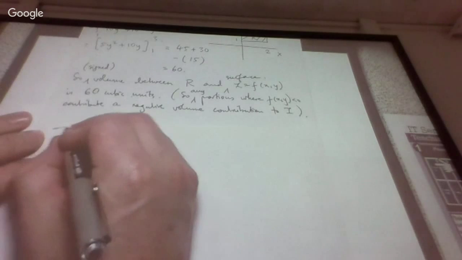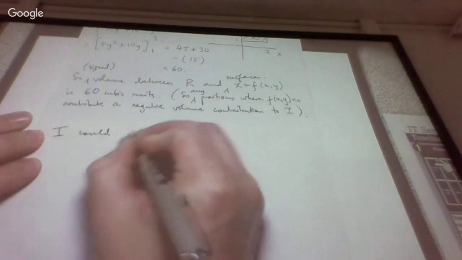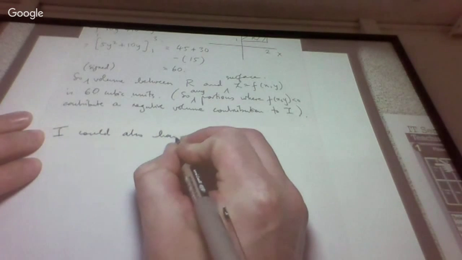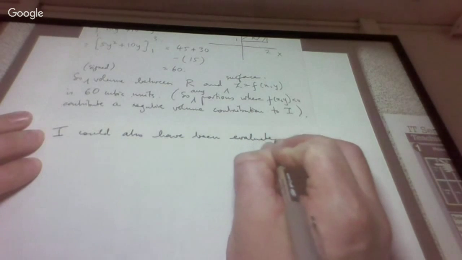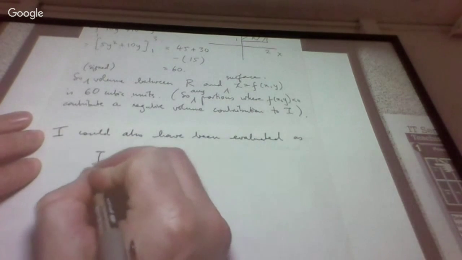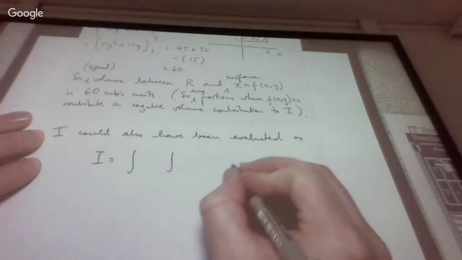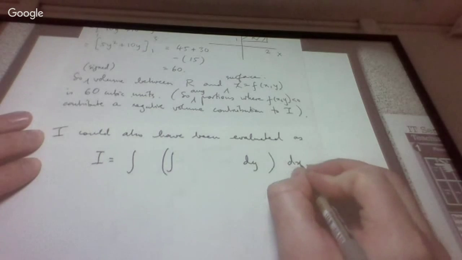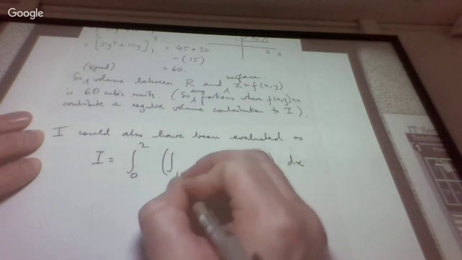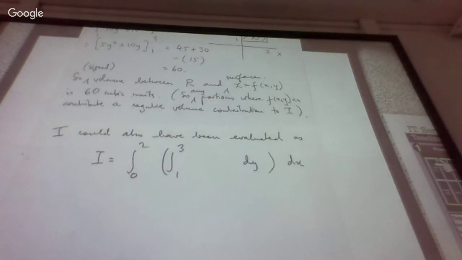So I could also have evaluated it with the inner integral with respect to y this time, and the outer integral with respect to x. Of course, you still have to bring the correct limits and the correct integral signs.